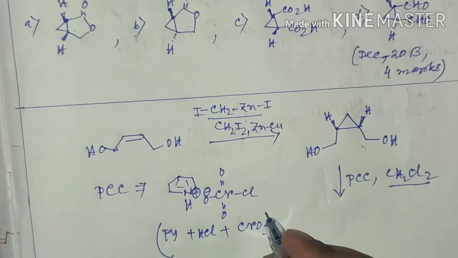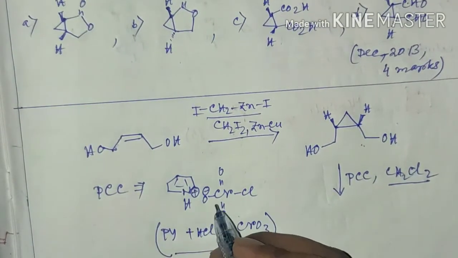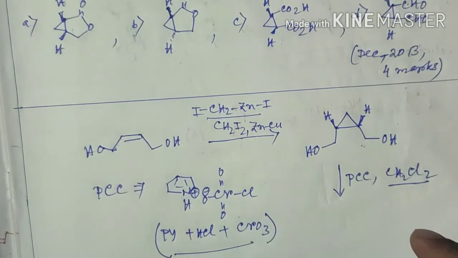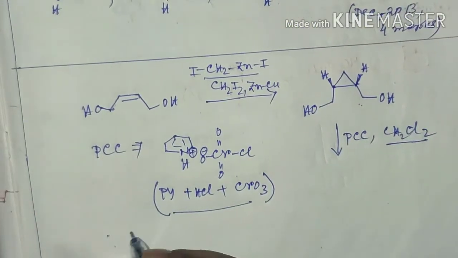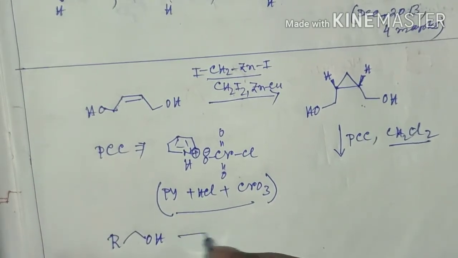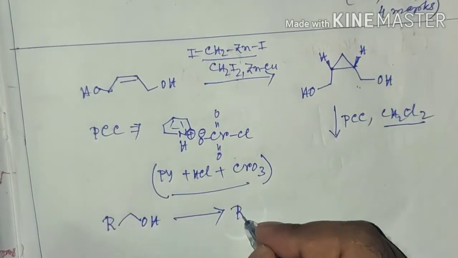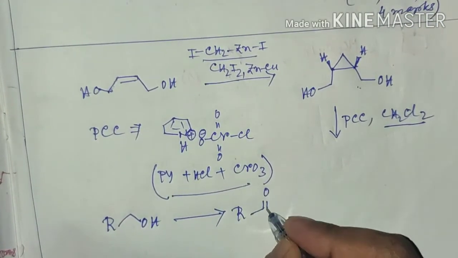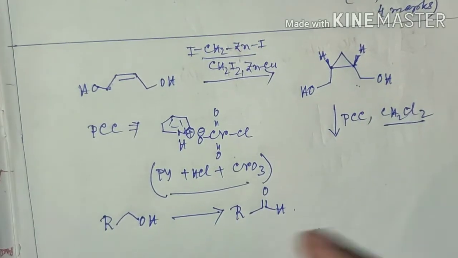By the combination of these three, this oxidizing species is prepared, and this is a mild oxidizing species, and it can oxidize alcohol to carbonyl species. And if we take a primary alcohol, then the oxidation can be restricted to the aldehyde stage. No further oxidation to acid is observed.